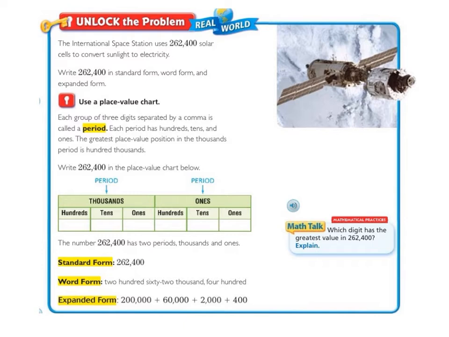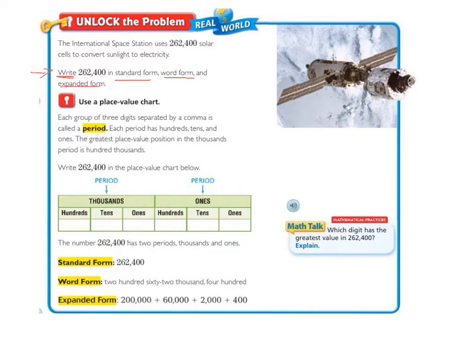That's the same number that we were writing before in our examples, so we should know what to do with it. Now it's going to give us something to do. It's going to give us an instruction. It says write 262,400 in standard form, word form, and expanded form.